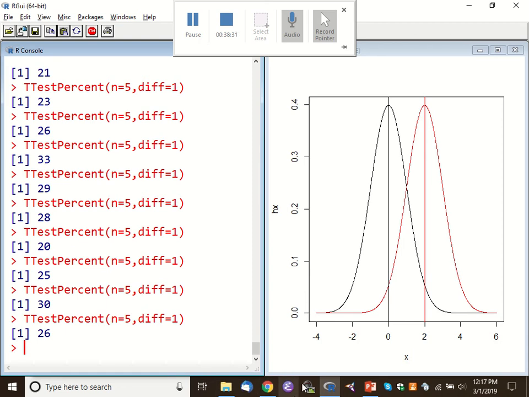This is the one that we illustrated over here at the right. A difference of 2 standard deviations. We're grabbing 5 red numbers and 5 black numbers. Can the t-test tell them apart? And we see that roughly somewhere between 1/4 and 1/3 of the time, the t-test did find a difference.